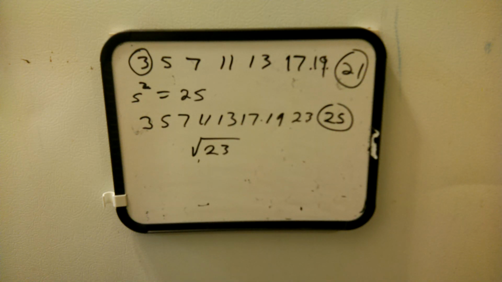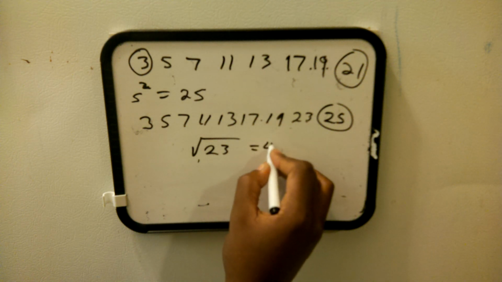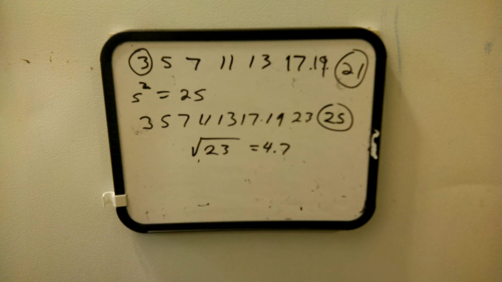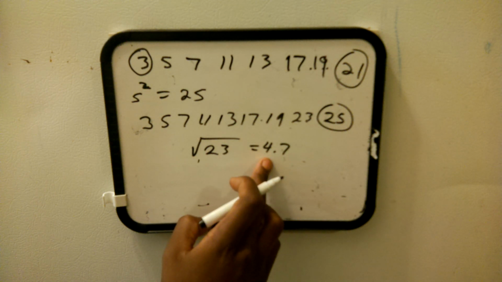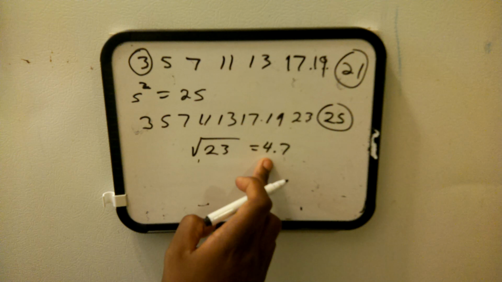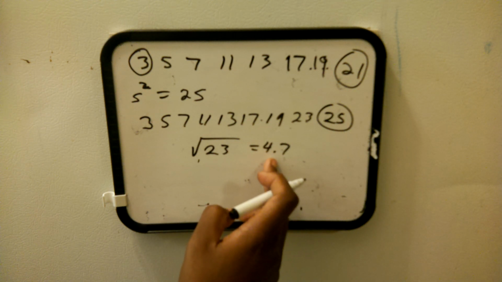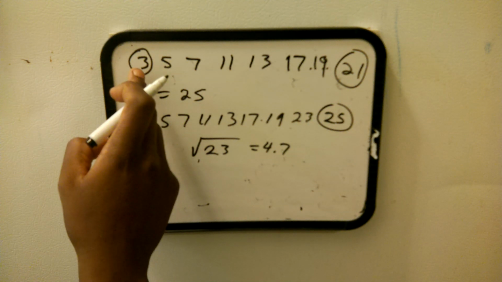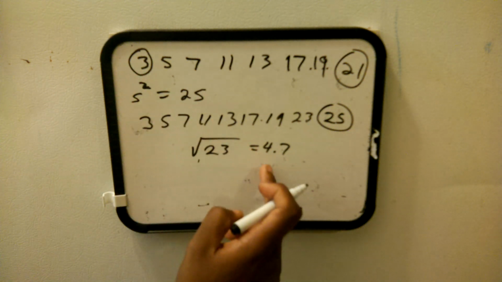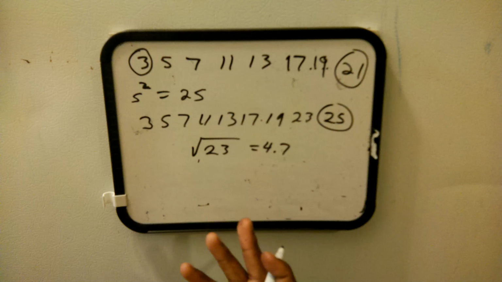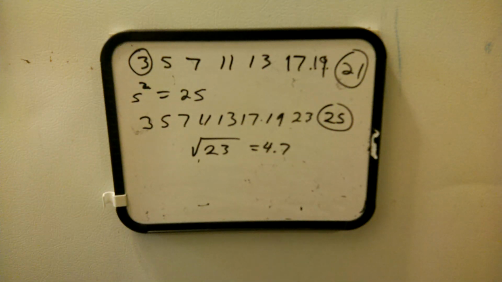The square root of 23 is 4.7. Okay, we take this. That means that we go to the lowest prime number after 4.7, which is 3. So all we need to use is the number 3 to find this new prime number.